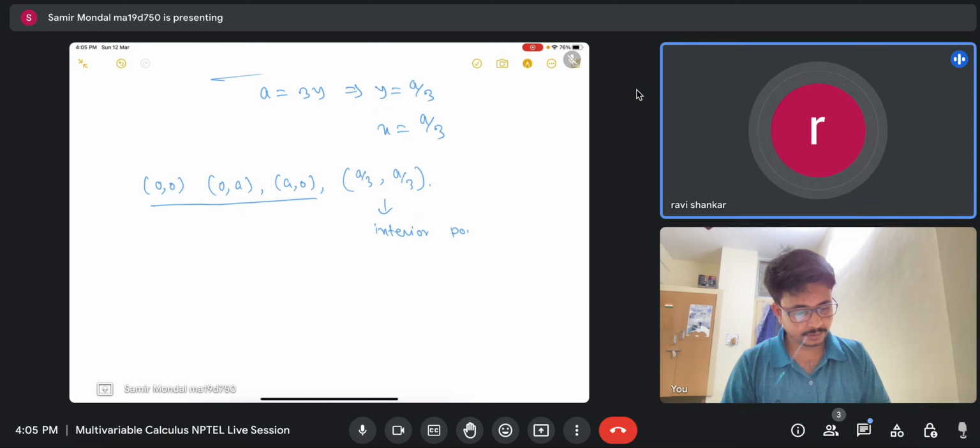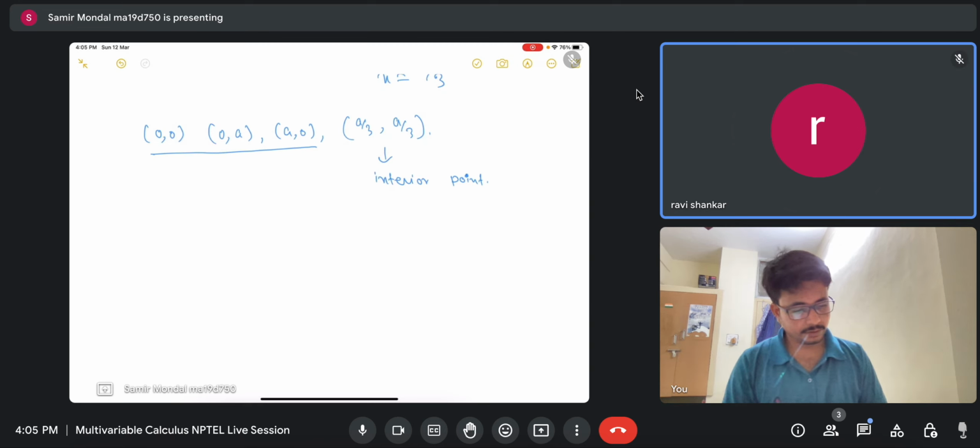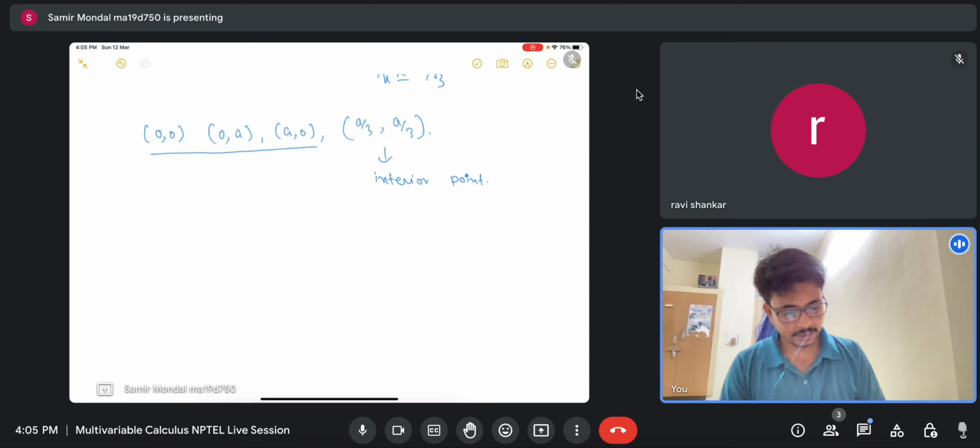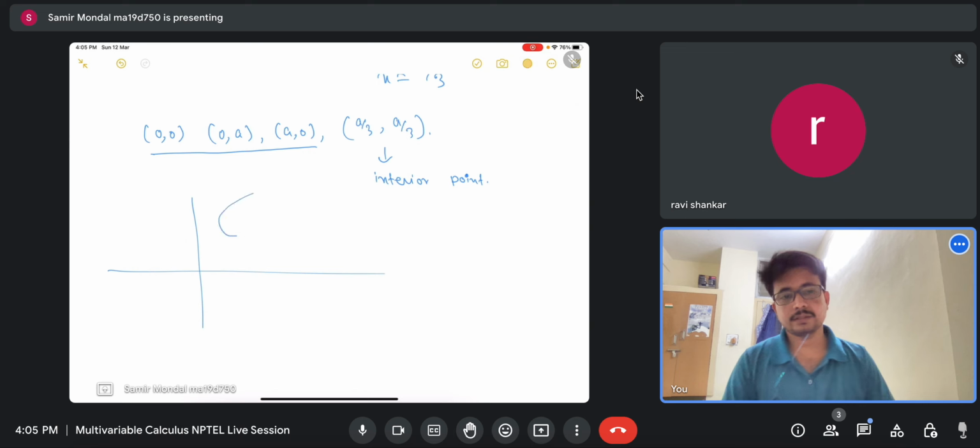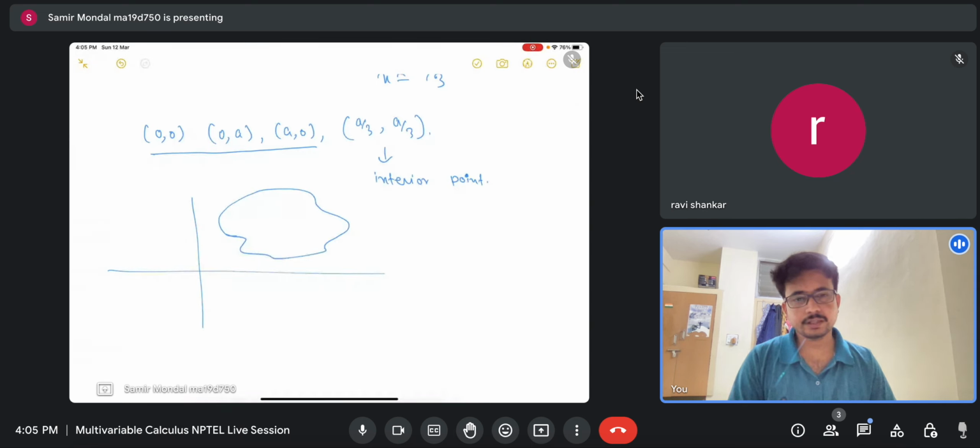Sir, can you once recall the definition of interior point? Okay, I'm telling graphically. Suppose this is your R2 plane and you have this shape. This is one set. When we go for an interior point, in R2 your open set is nothing but a disc.